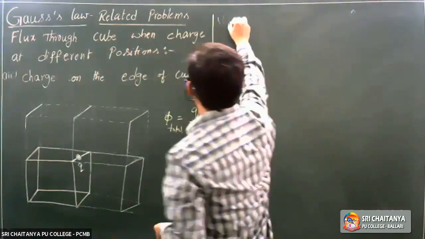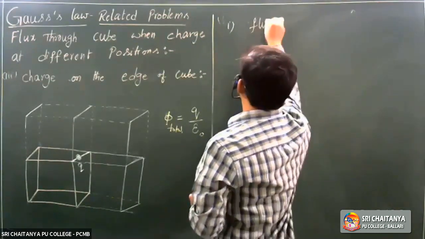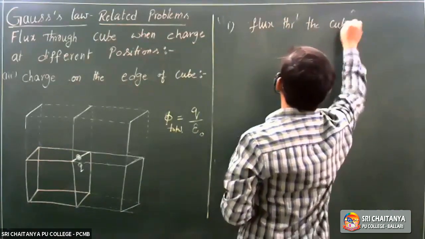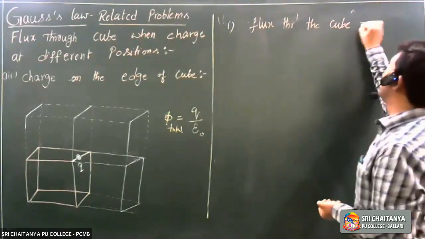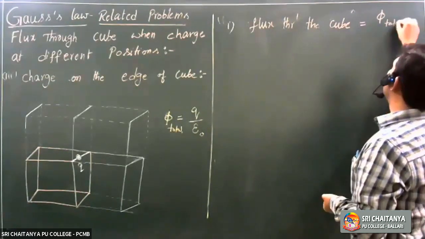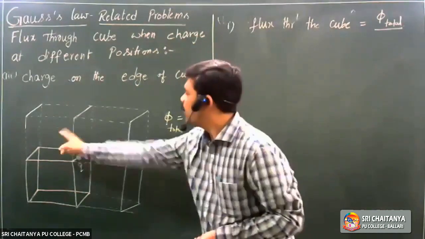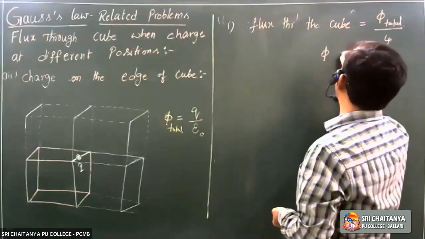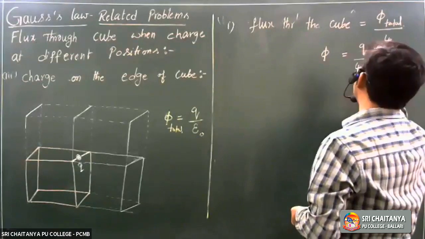What is the flux through this cube? Same question if I ask. Flux through that cube. That is phi total, it is shared by 4. So flux through the cube, phi is equal to Q by 4 epsilon naught.